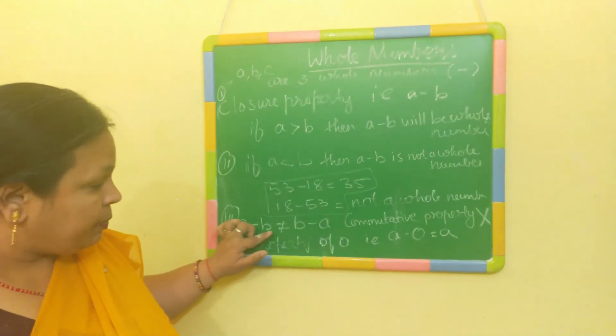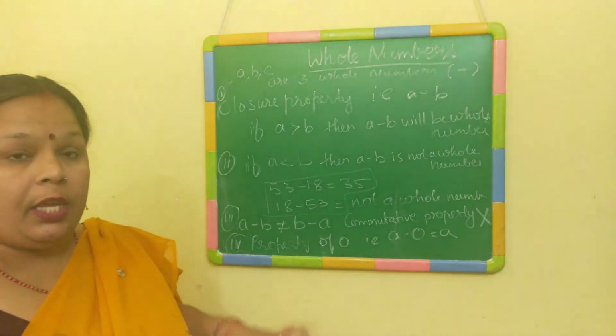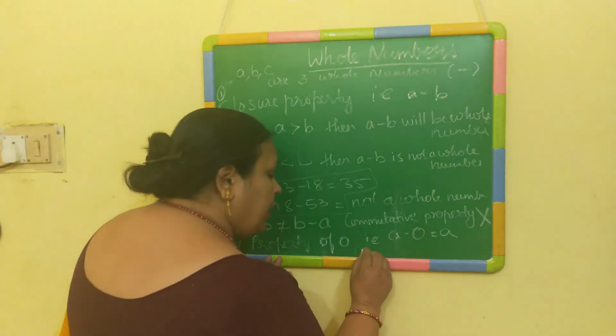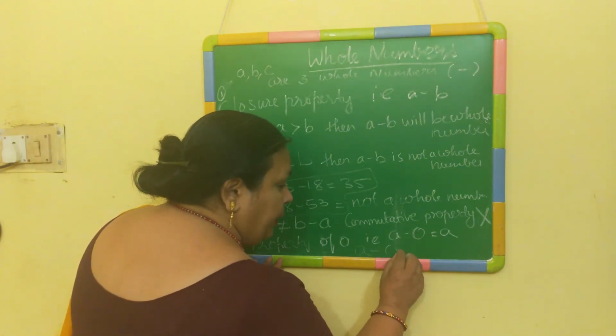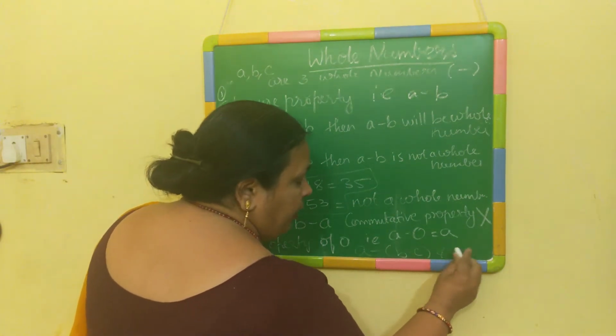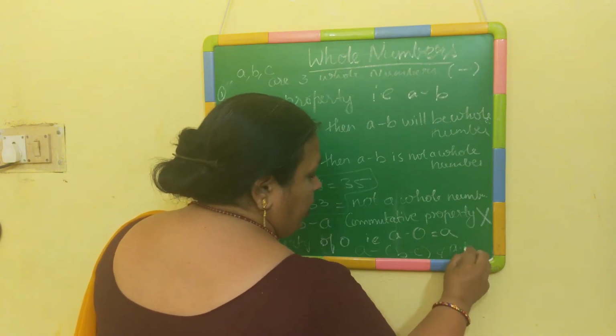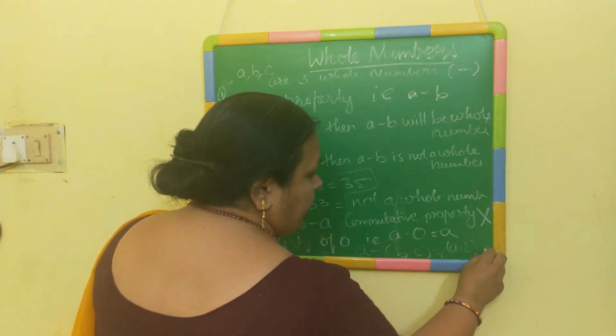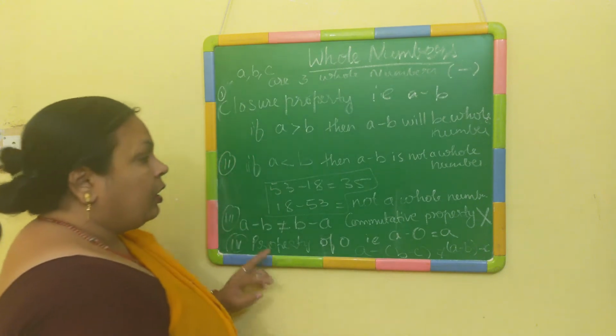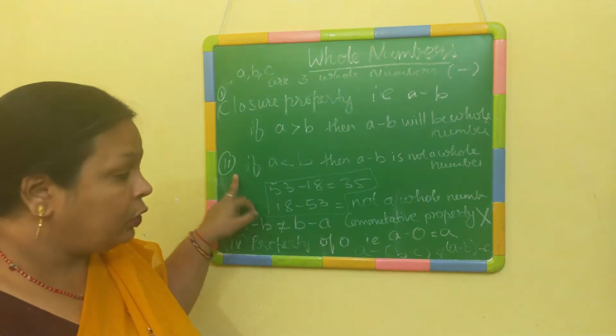As a minus b is not equal to b minus a, we can also say that (a minus b) minus c will not be equal to a minus (b minus c), as we have seen that commutative property is not true.